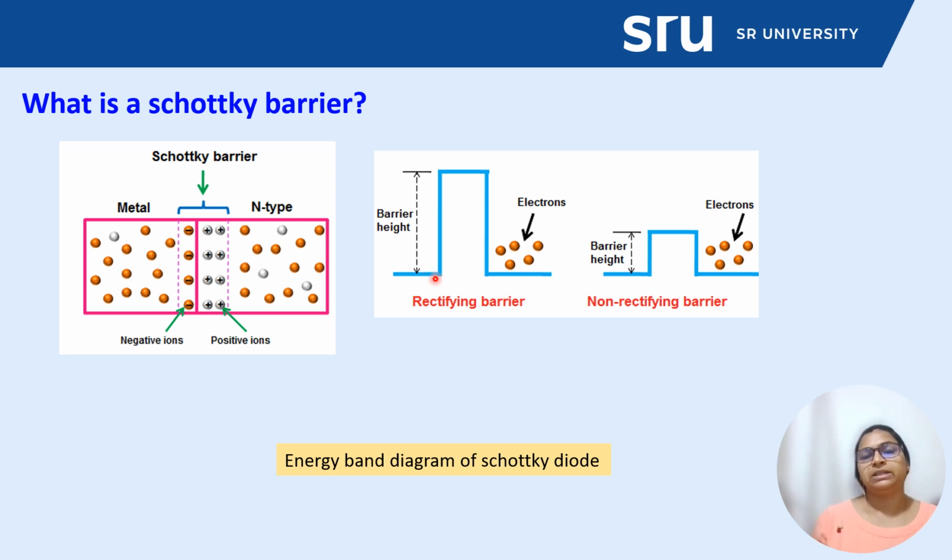Another aspect of this is that a rectifying metal semiconductor junction forms a rectifying Schottky barrier. This rectifying Schottky barrier is used for making a device known as the Schottky diode.